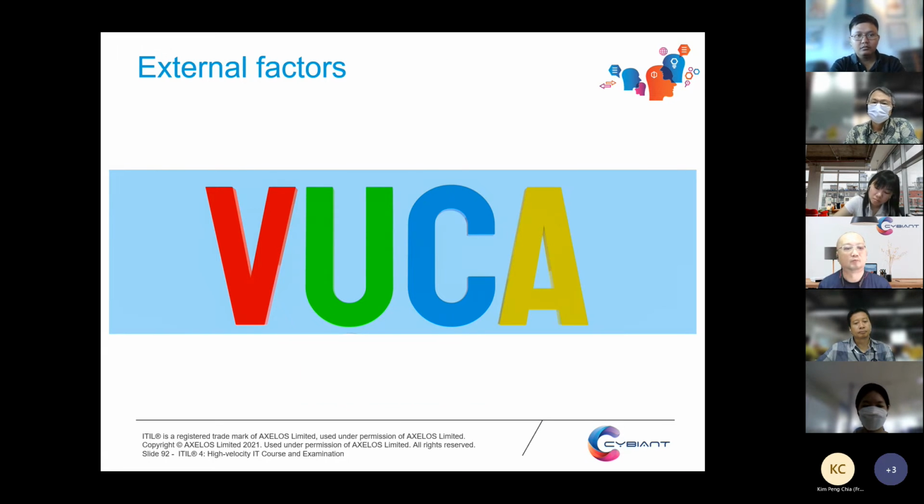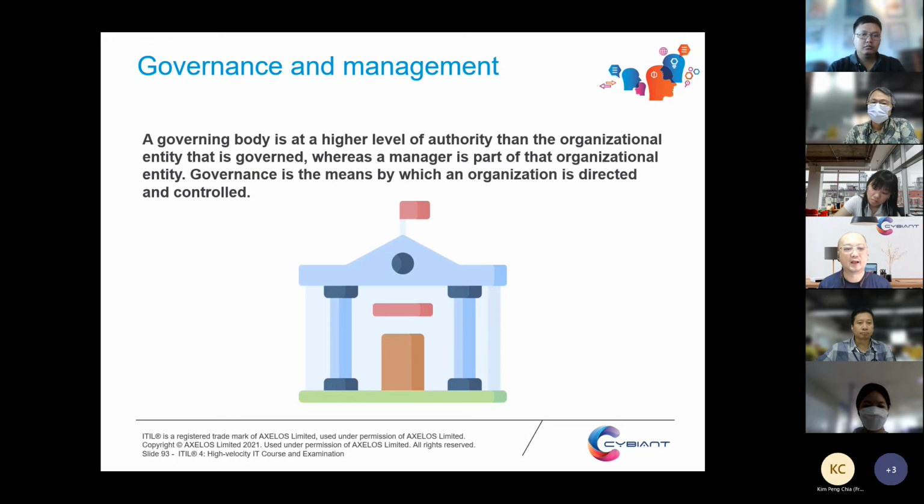Right. Governance and management. Now, what's the key word here? What does governance mean? Direct and control. Always remember that. Governance means direct and control so that we do things accordingly.